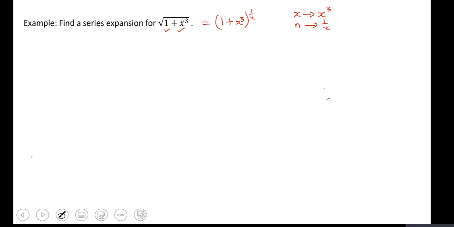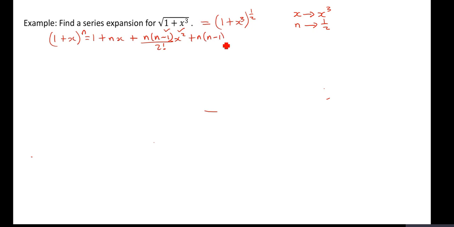Now, just so that you can see what is going to happen, I'm going to quickly write down the formula again. 1 plus x to the power n is equal to 1 plus n times x, plus n(n minus 1) over 2 factorial x squared, plus n(n minus 1)(n minus 2) over 3 factorial x cubed, plus n(n minus 1)(n minus 2)(n minus 3) over 4 factorial x to the power 4, and so on.